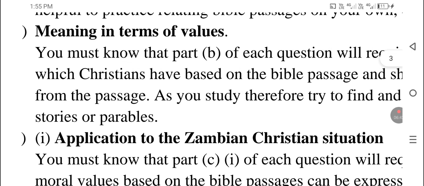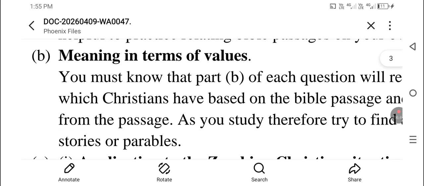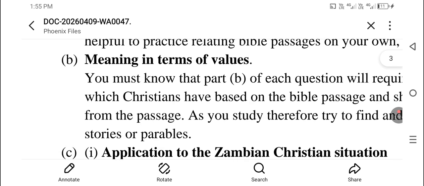If you want to master the Bible passages, there are important ones which they indicate for each and every topic. Even before you start a new topic, they will outline the important ones, the major ones.